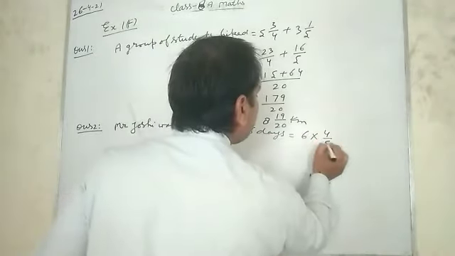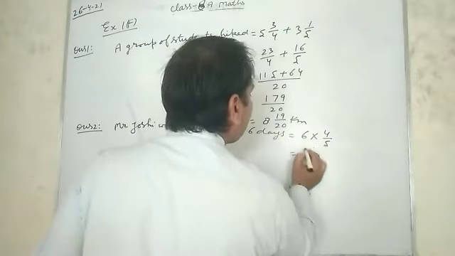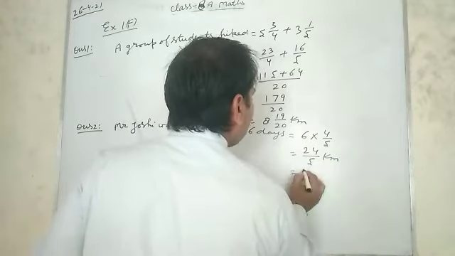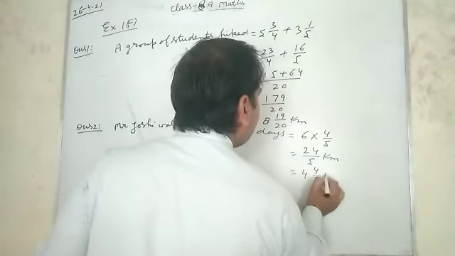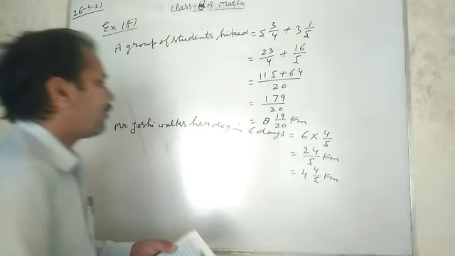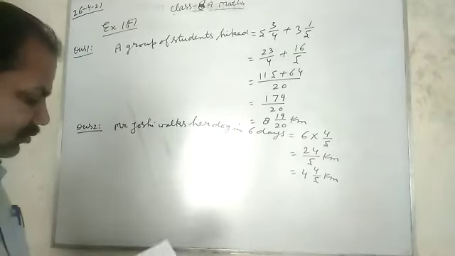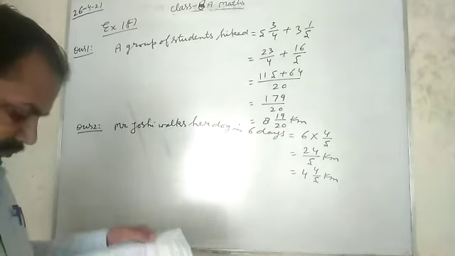So in 6 days 6 into 4 by 5 kilometer means 24 by 5 kilometer. In 6 days 24 by 5 kilometer.